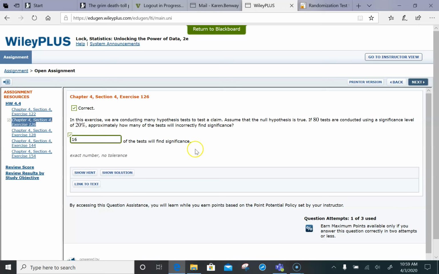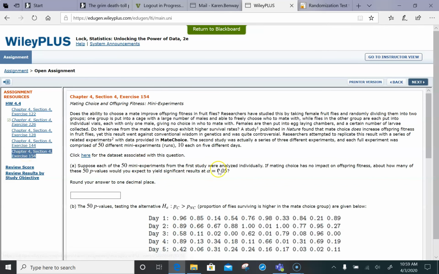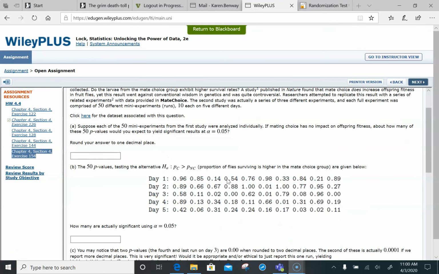And then the last question that I received a question about was question 154. This one is taking a look at a similar kind of situation where we've got 50 different tests and we're using a 5% level of significance.